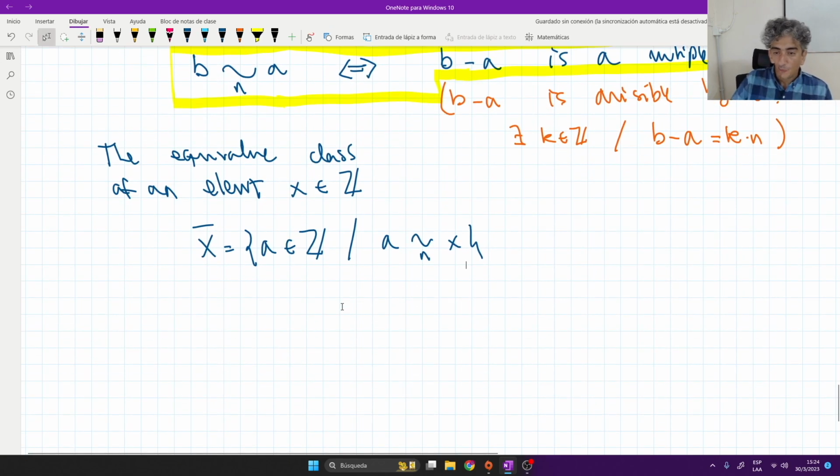And we're going to work not with Z, but the equivalence classes. Now we will form a set made up of equivalence classes.